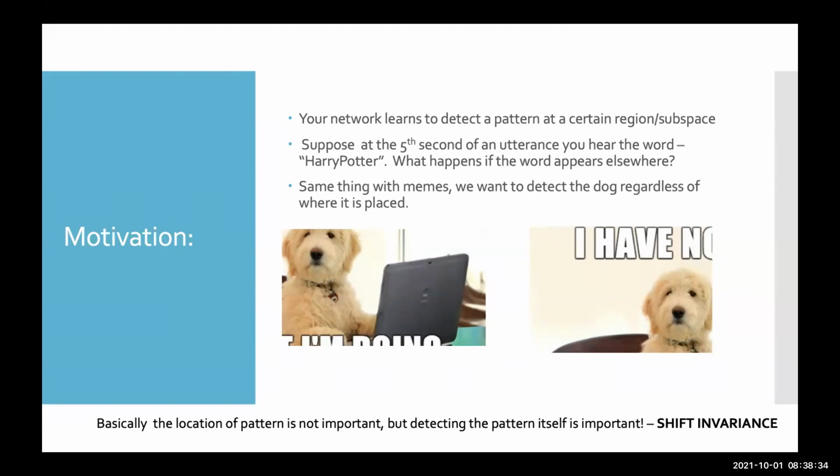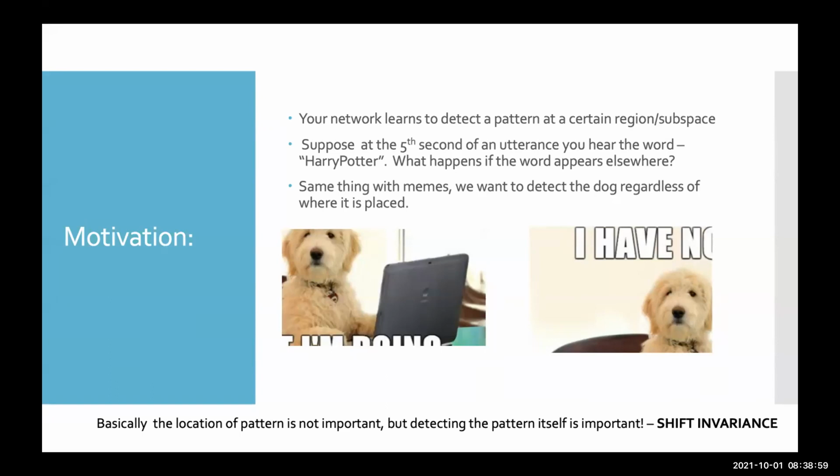So for one image, the dog might appear in the middle of the image, but for another image, it might appear at the corner of an image. And so we want our network to output that there is a dog. We want our network to output that Harry Potter does exist, no matter where the pattern exists. I hope that makes sense.